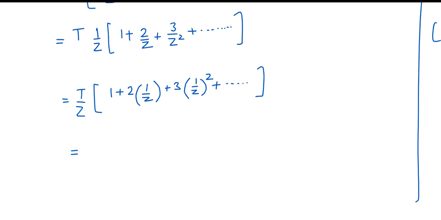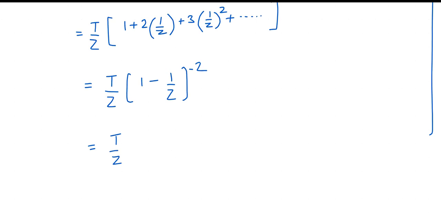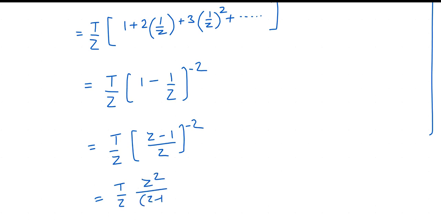So we can write this expansion is equal to 1 minus 1 upon z to the power minus 2, or z minus 1 over z to the power minus 2, or we can write z square over z minus 1 whole square.